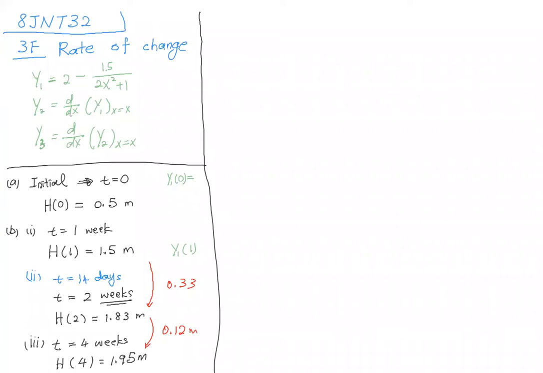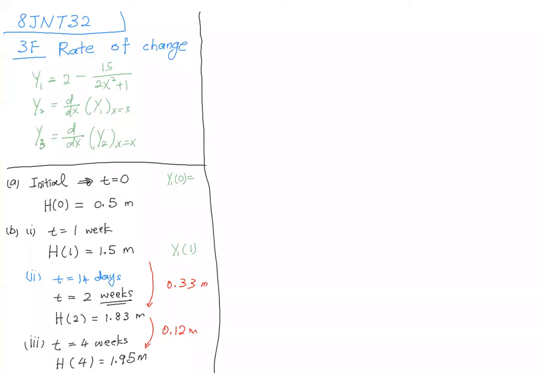In the second week, it grows by 0.33 meter; in the next 2 weeks, it only grows by 0.12 meter. That means the plant is growing, but the rate becomes slower. So that is how I analyze.